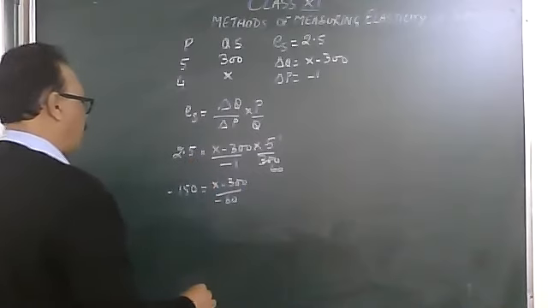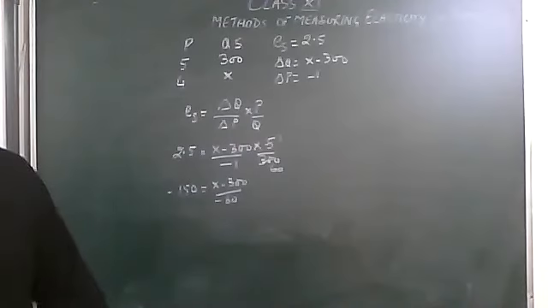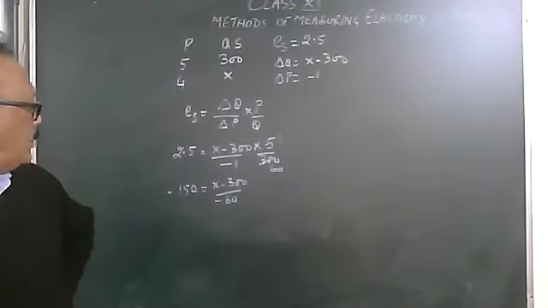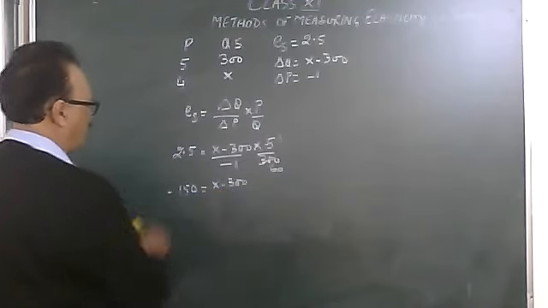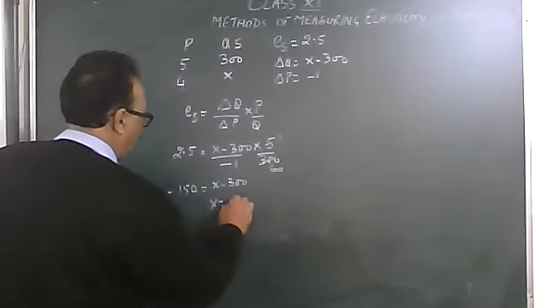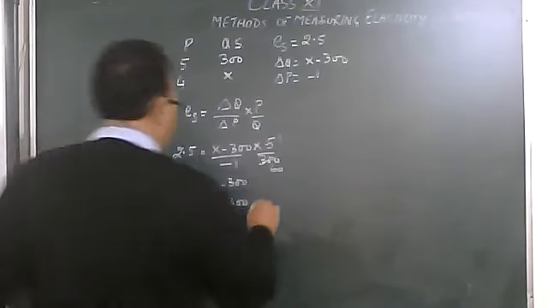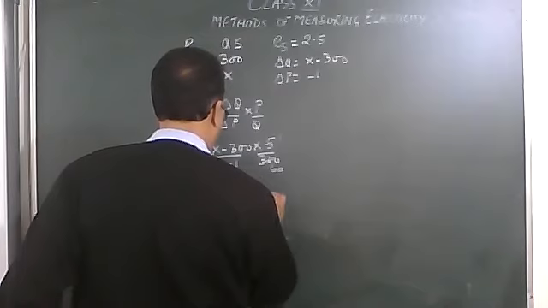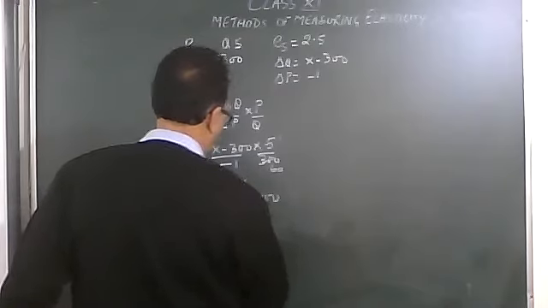So 2.5 into minus 60, we got how much? Minus 150 is equal to X minus 300. Cross multiply. X is equal to 300 minus 150, so X is equal to 150.